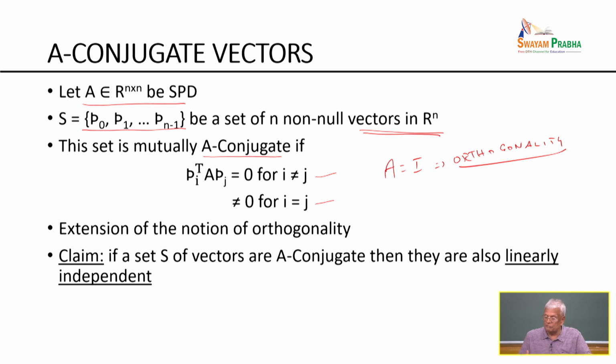So, what does this mean physically? I have a vector p_i. If I multiply the vector p_i, I get A p_i. A p_i in general is not equal to p_i unless p_i is an eigenvector. So, I am considering p_i's as general vectors. I have a vector p_j. p_j and p_i are not orthogonal, but p_j and A p_i are orthogonal.